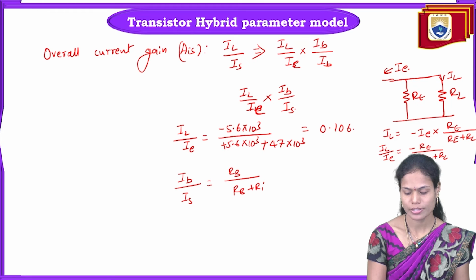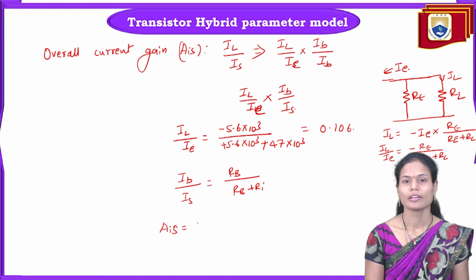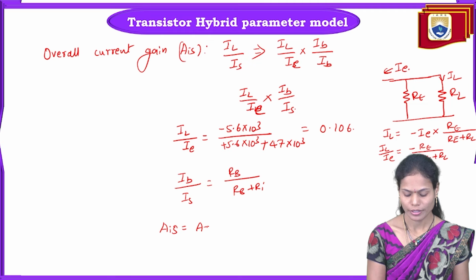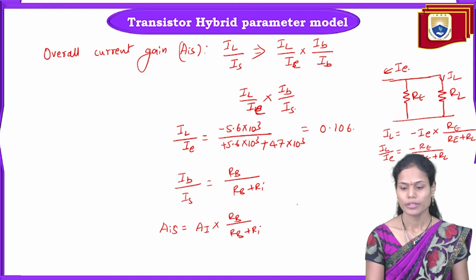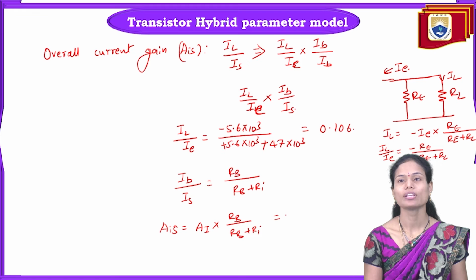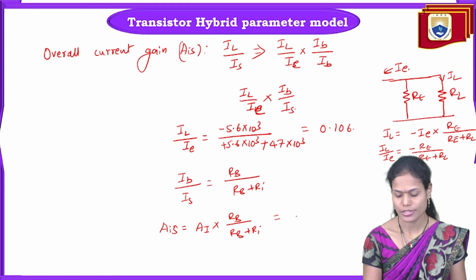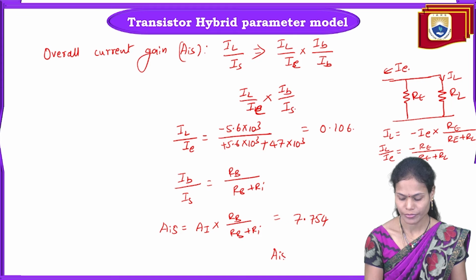AIS is equal to AI into IB by IS, where IB by IS value is RB by RB plus RA. If we substitute all the values, we will get 7.754. This is the overall current gain.